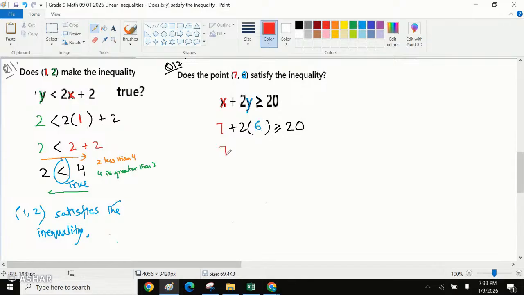So 7 plus 2 times 6, which is 14, should be greater than or equal to 20. Is 7 plus 14 greater than 20? 7 plus 14 is 21. Yes, it is greater than or equal to 20.